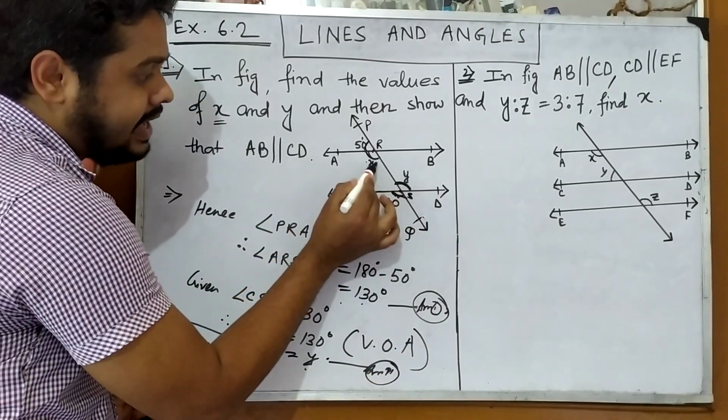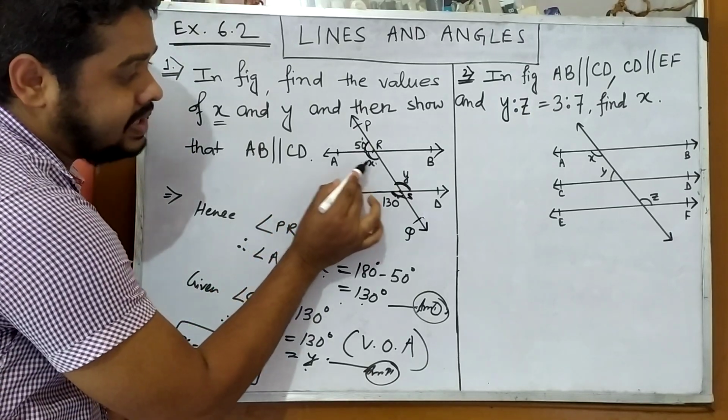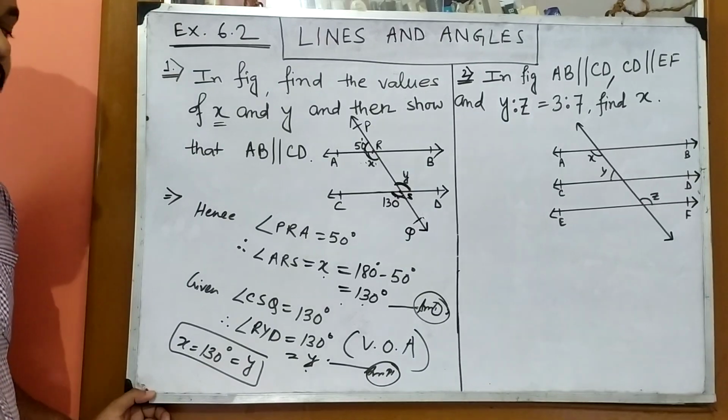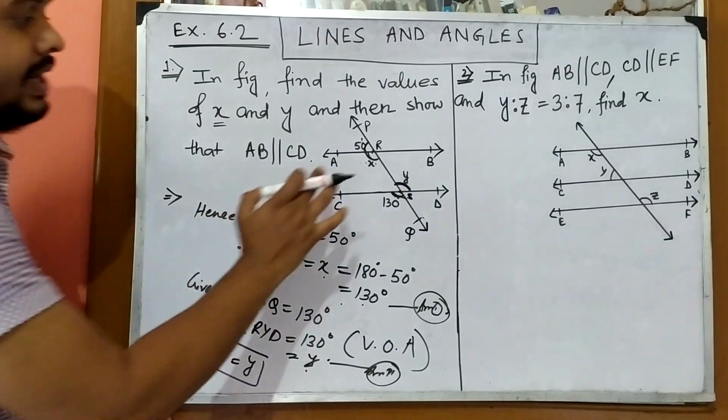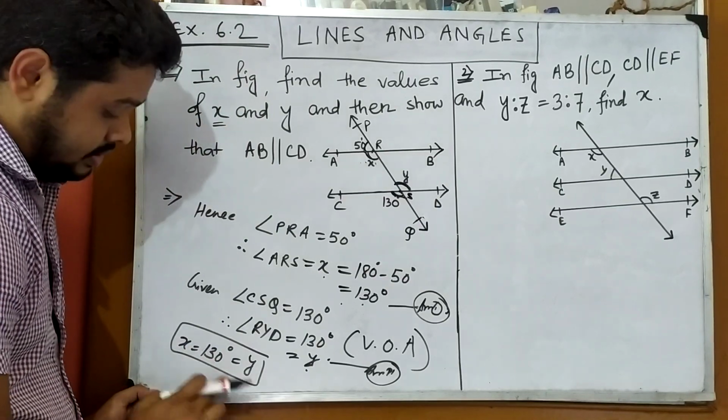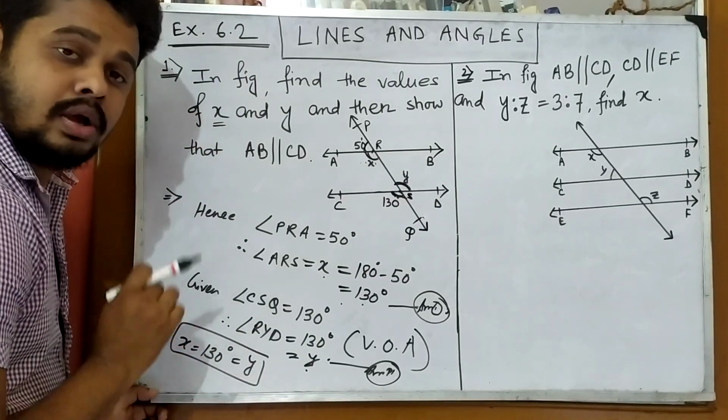Now see, x and y are alternate interior angles, and their values are equal. Both are 130 degrees.